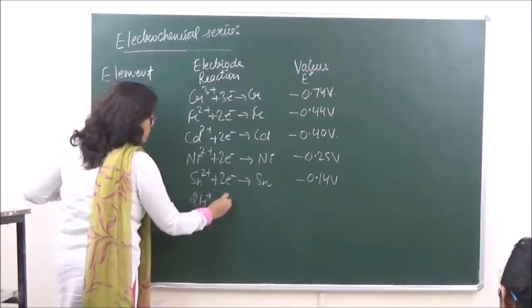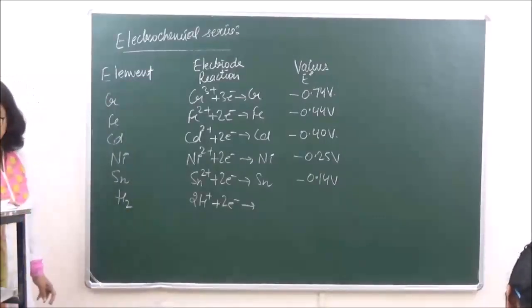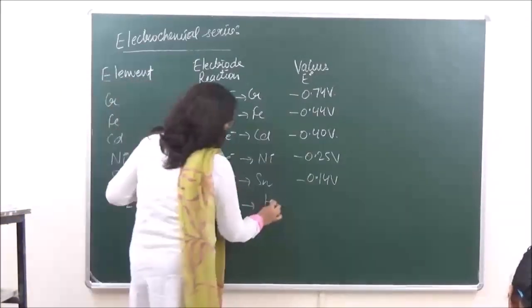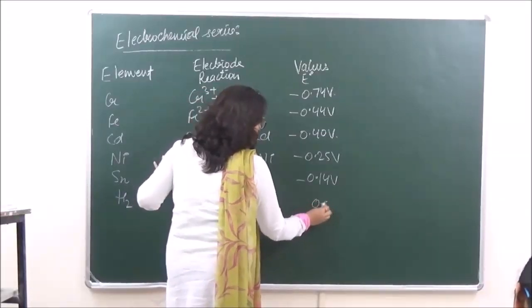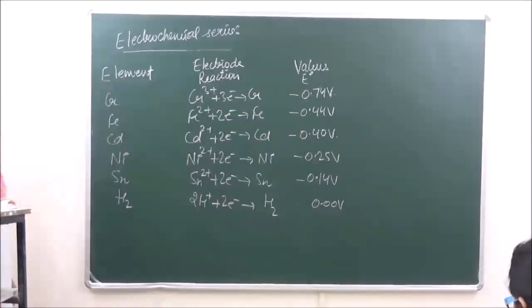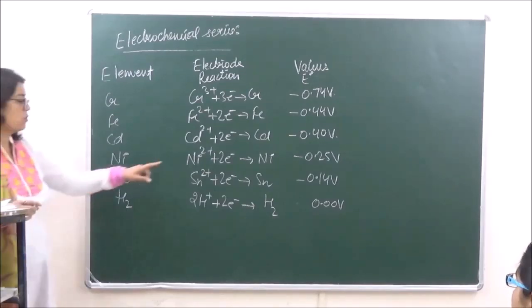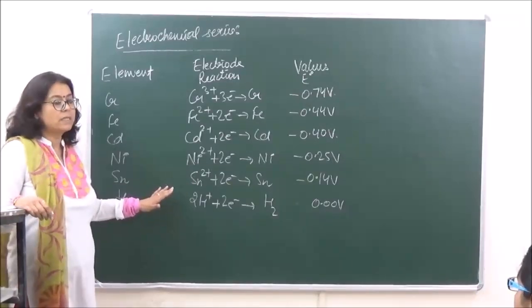Then after tin we have H2. 2H+ plus 2 electrons to give us H2, and this is the center with a value of 0.00 volts. So hydrogen has taken the midpoint of the electrochemical series, where the reduction potential is 0. So the value of hydrogen is taken to be standard.